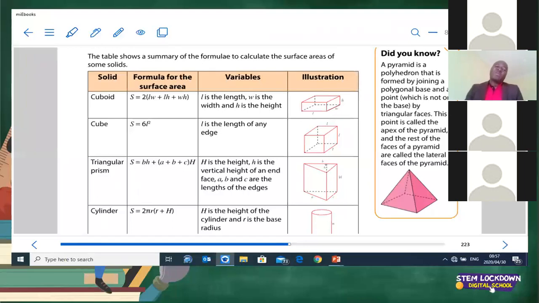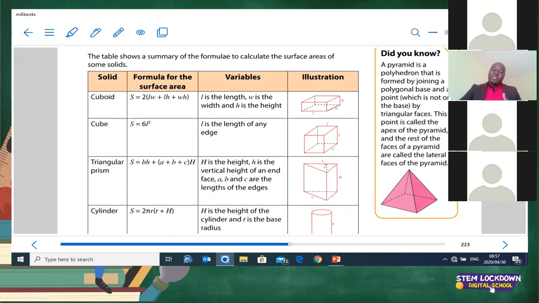The reason why we multiply by 2 here is because every face is equal to its opposite face, meaning that the top area is equal to the bottom one. And the sideways one on the right hand side is equal to the one on the left.